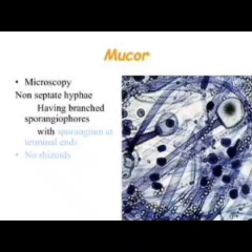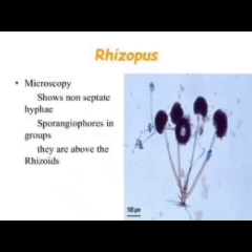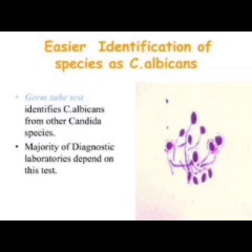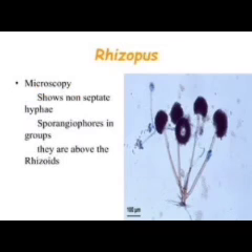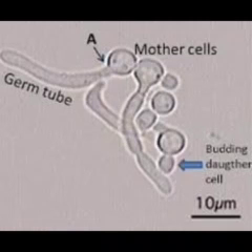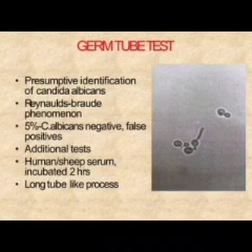Then you have penicilliosis. Penicilliosis, talaromycosis, comes under the hyaline molds, septate hyaline molds.